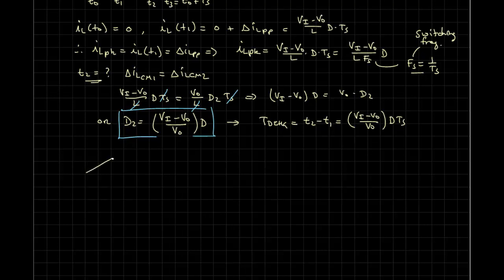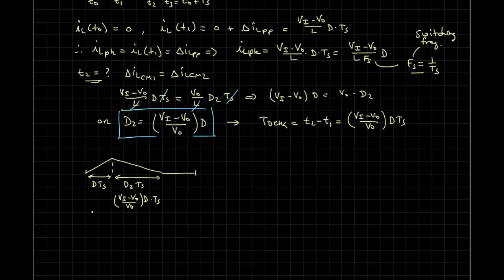So we know that we charge for a period DTS and we discharge for a period D2TS, and we're 0 for a period of time. So this has a duration of DTS. This has a duration of D2TS, which we have found is equal to VI minus VO over VO times D times TS.